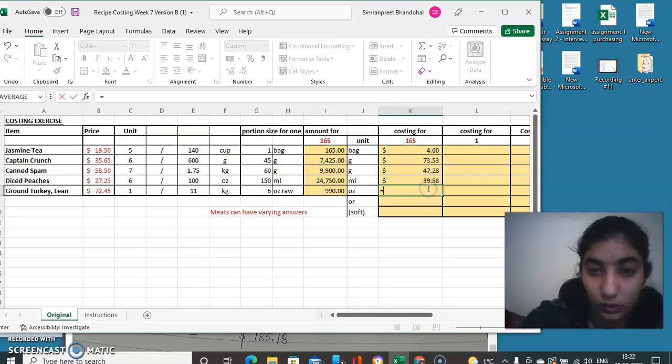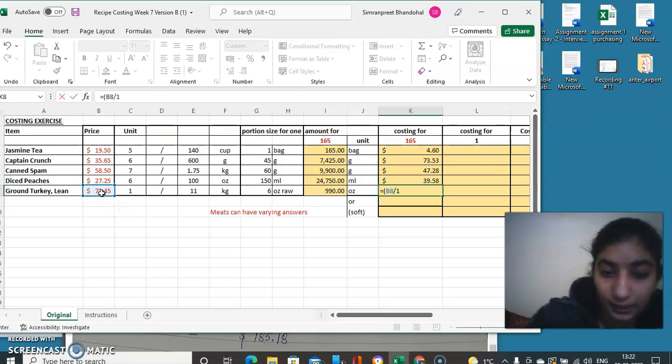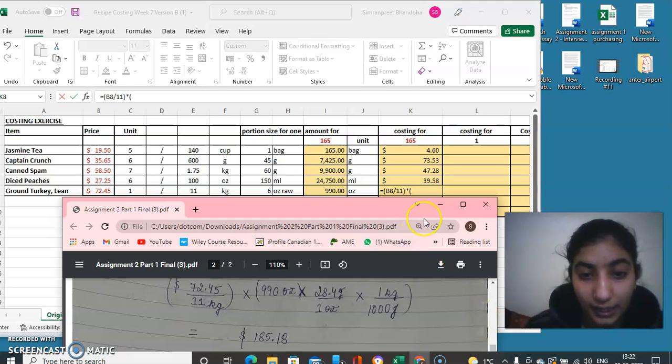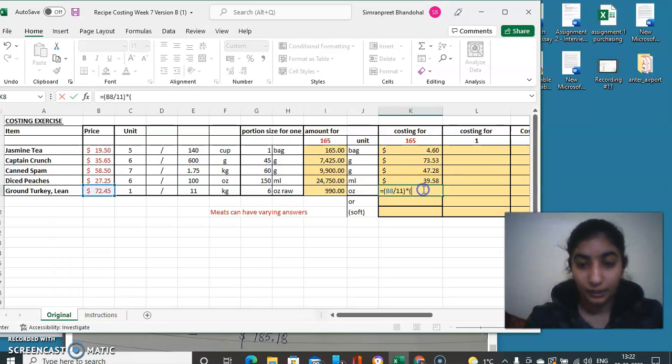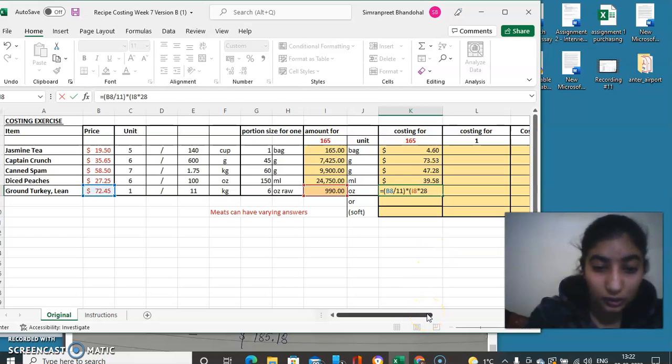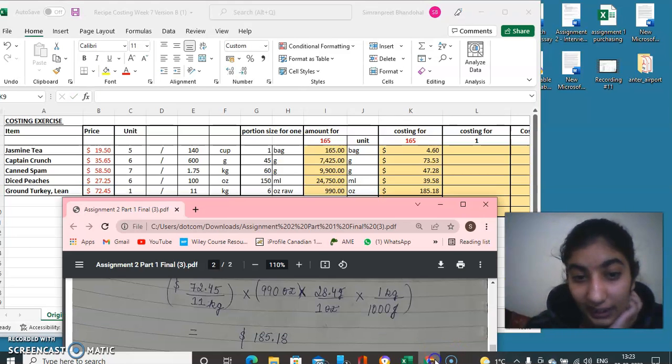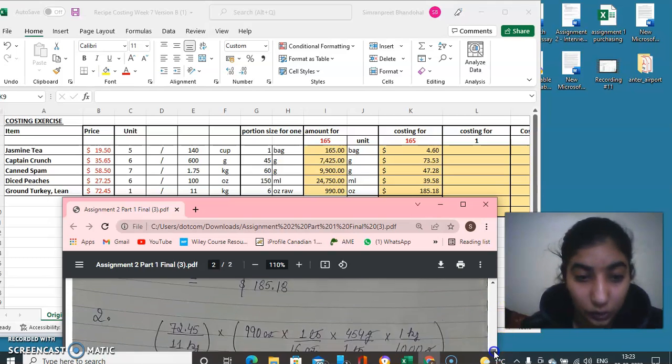So is equal to bracket start 72.45 divided by 11, bracket close, multiply, bracket again, bracket start, and then 990 multiply by 28.4 divided by 1000, bracket close and press enter. We got 185.18. That's same as our handwritten calculation.